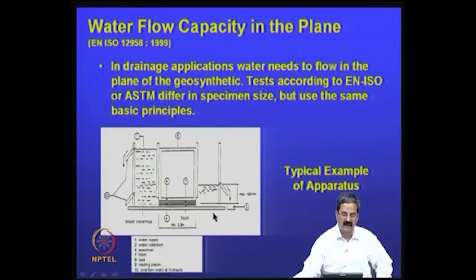An ASTM standard mentions clearly the size of the tank, the distance to be maintained, how you place the material, what the cleaning procedure is, and all that. So, you can follow the same test procedure and use your geocomposite here. In fact, a geocomposite can be placed here, and then you can measure the drainage capacity. So, water flow is what you are trying to find out here.